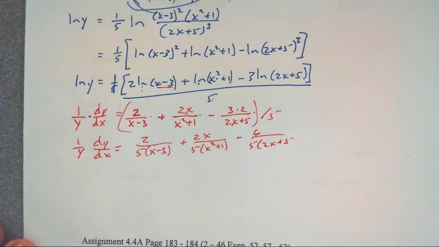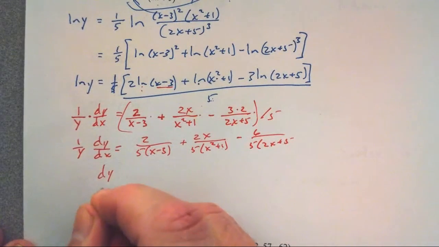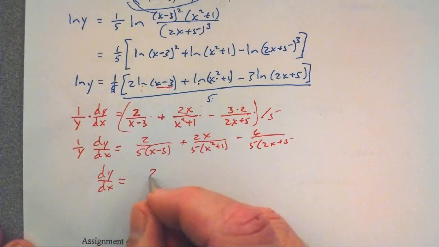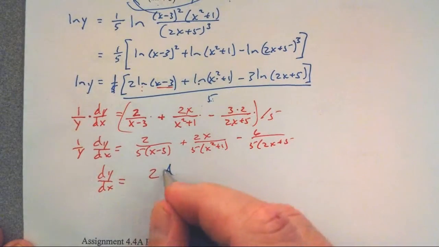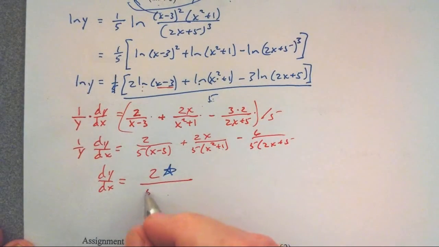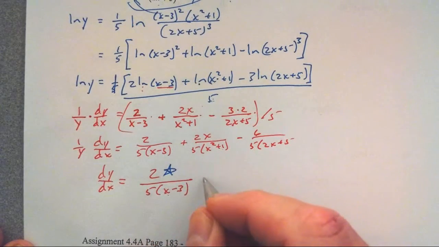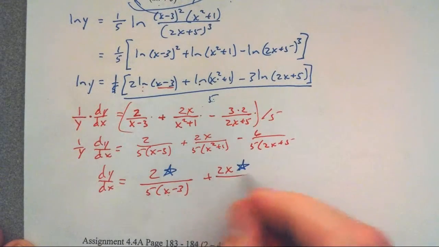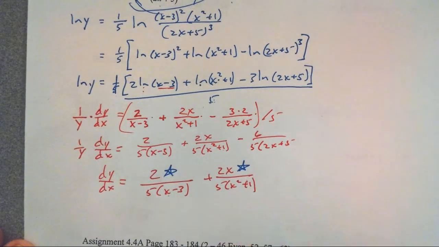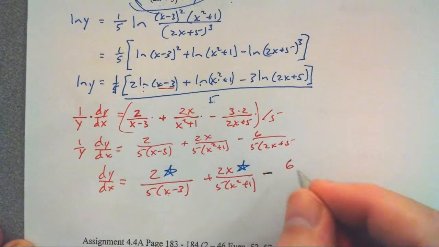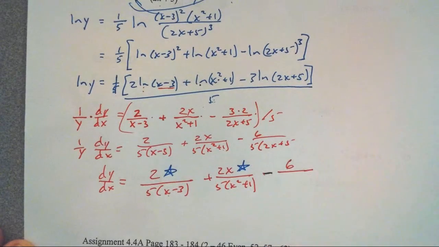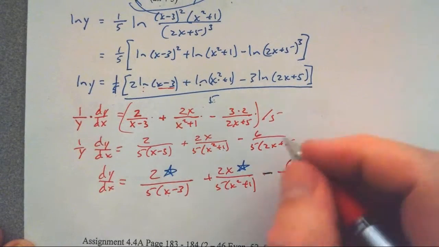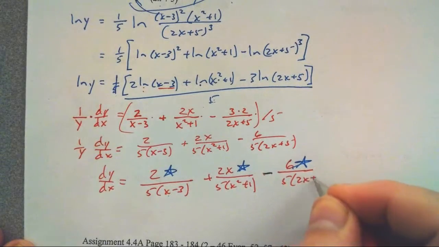That fifth root of. So we get dy dx equals 2 star on 5 times (x minus 3) plus 2x star on 5 times (x squared plus 1), that's red, minus 6 star on 5 times (2x plus 5).